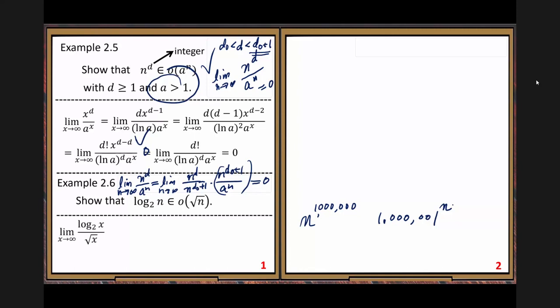So here, let's consider the ratio of these two functions with a continuous variable, so we can take L'Hopital's rule. It's infinity over infinity, an indeterminate form, so we can apply L'Hopital's rule, taking derivatives.